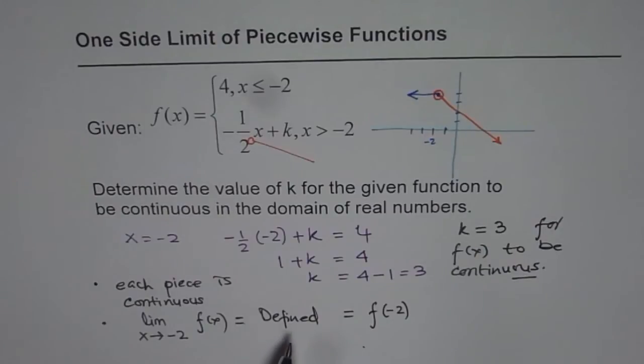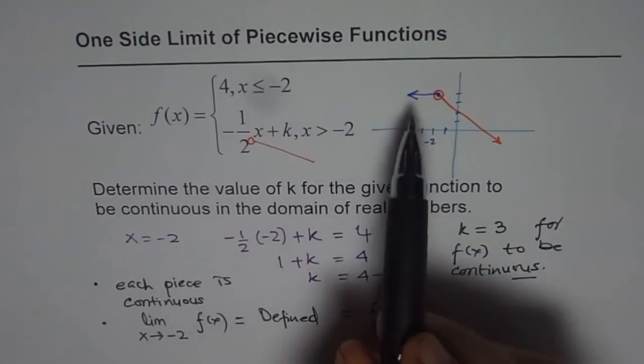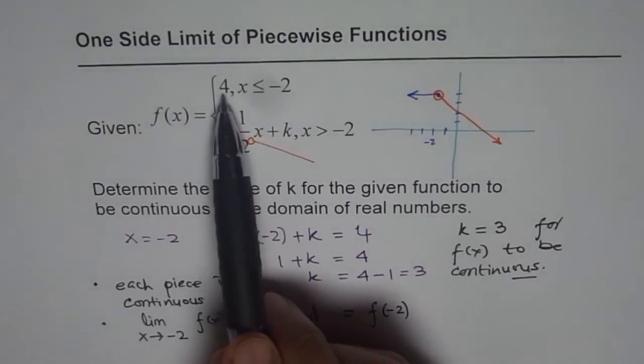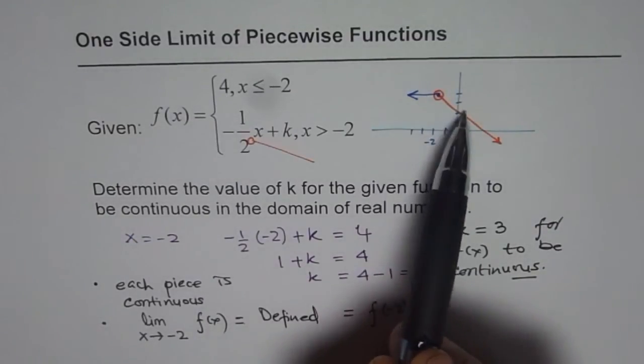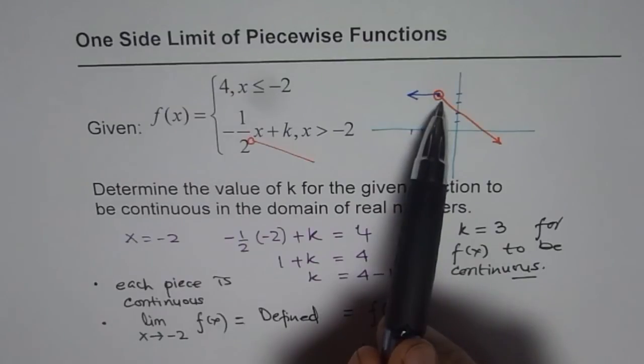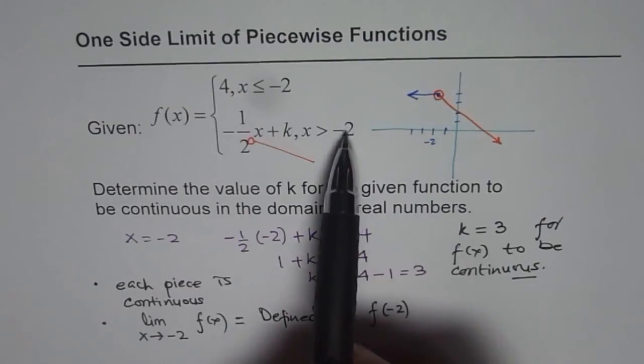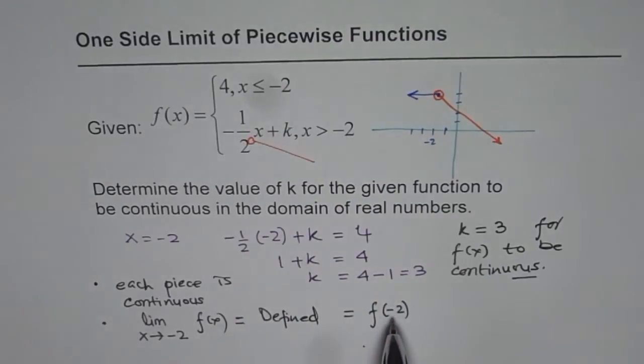So what we are looking for really is that the left side limit, which will be from the first piece, less than minus 2, is equal to the right side limit, and therefore the limit exists at this point of minus 2, and it is also the same as the value of the function. So when that becomes the condition, then the two pieces will be continuous at that point. So this is the kind of concept we understand from this example, right?